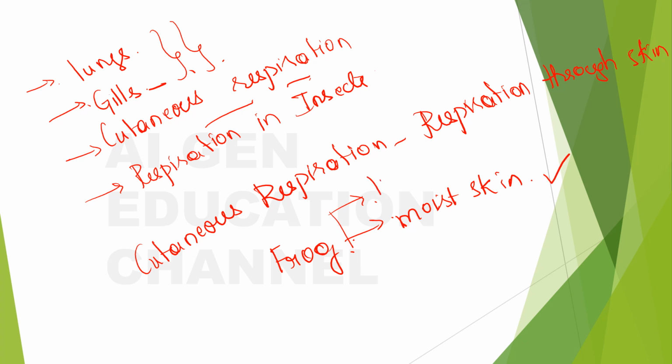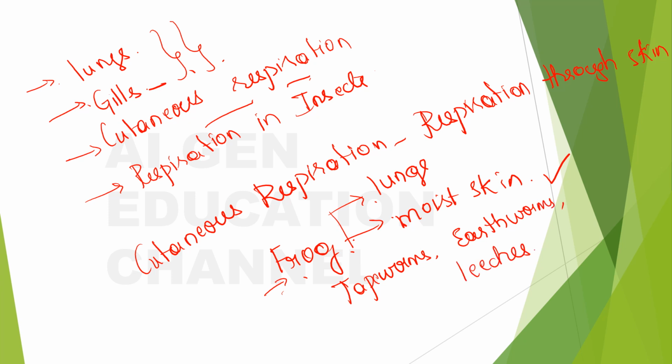And when it is on land, as usual, it will use its lungs. So apart from frog, in what other animals can you find this cutaneous respiration? You can find it in tapeworms, earthworms, leeches, etc.